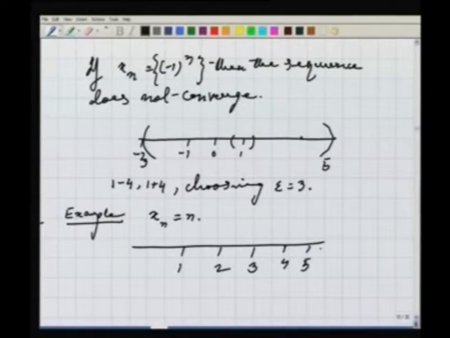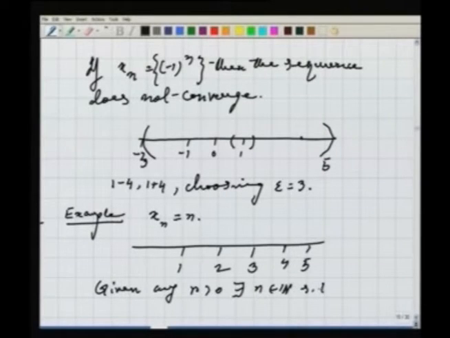Wherever r is, given any real number r, there exists a natural number n such that n is strictly bigger than r. Why is this true? This actually follows from the Archimedean property.